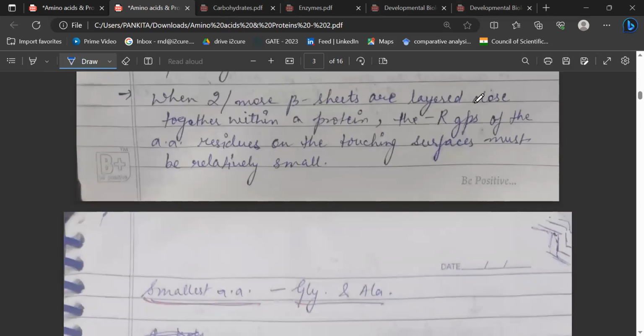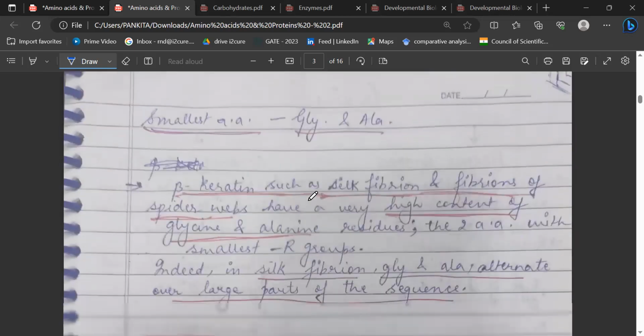When two or more beta sheets are layered close together within a protein, the R groups of the amino acid residues on the touching surfaces must be relatively small. So basically, when they are close, the side chains should be small so that the proper structure is formed. The smallest amino acids are glycine and alanine.